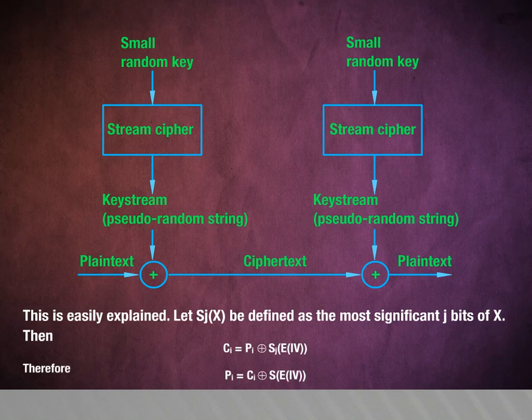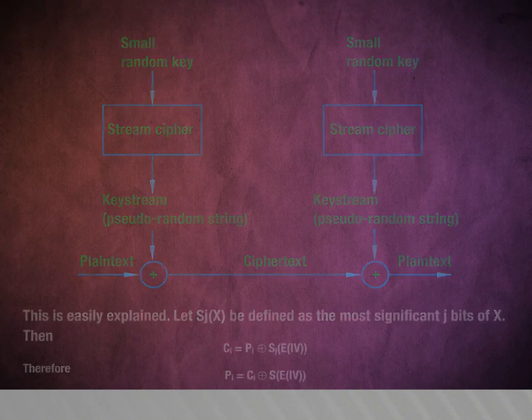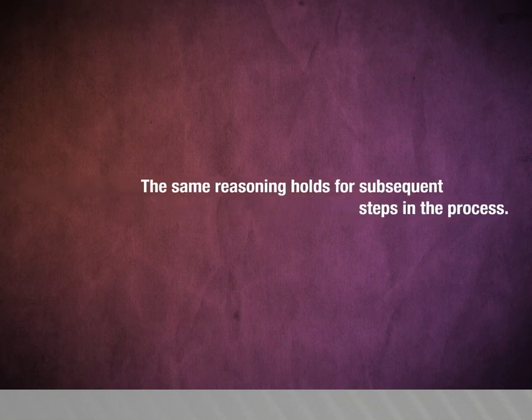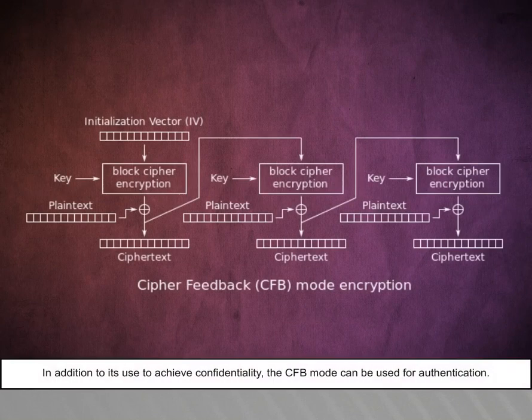Therefore, Pi is equal to Ci XOR Sj(E(IV)). The same reasoning holds for subsequent steps in the process. In addition to its use to achieve confidentiality, the CFB mode can be used for authentication.